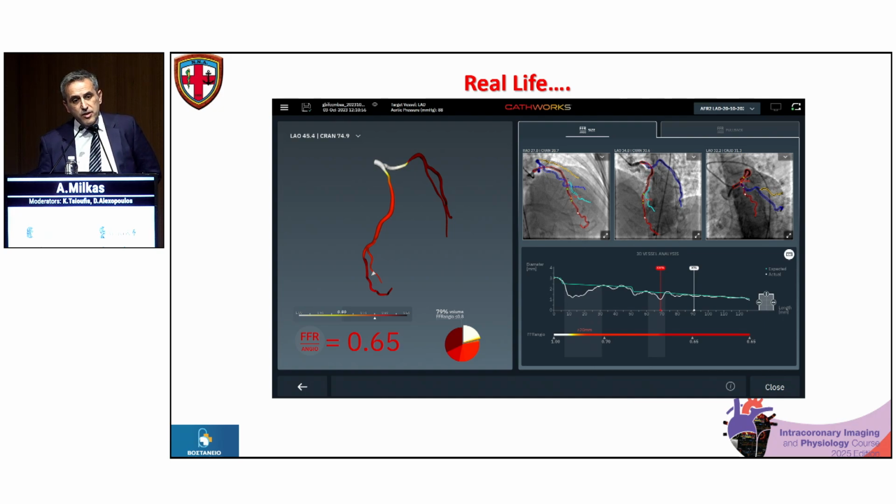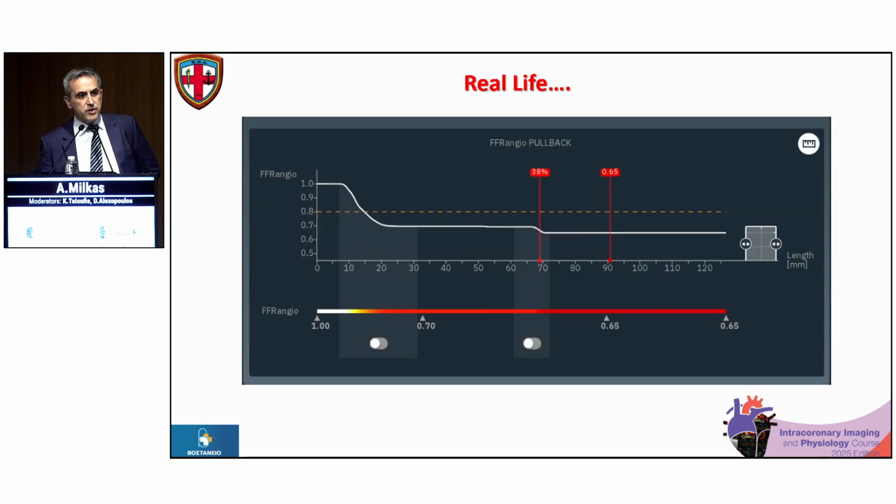Here you can see a value of 0.65 at the distal part of the LAD, and here it's getting more and more interesting. Why? Because here we can predict whether we fix the lesion or not, the post-PCI result that we will receive for our patient.